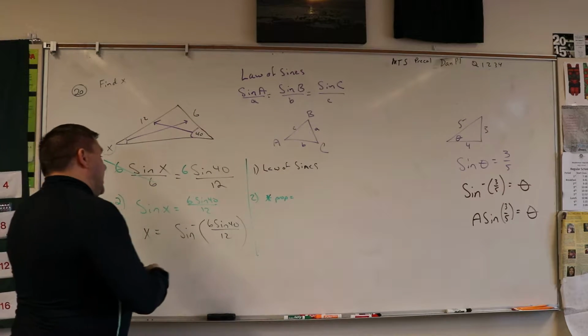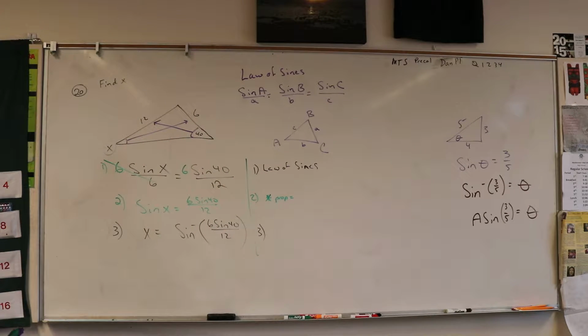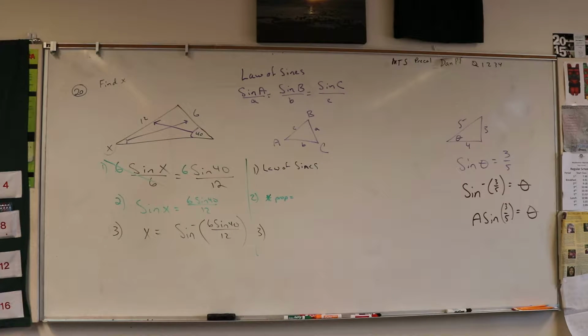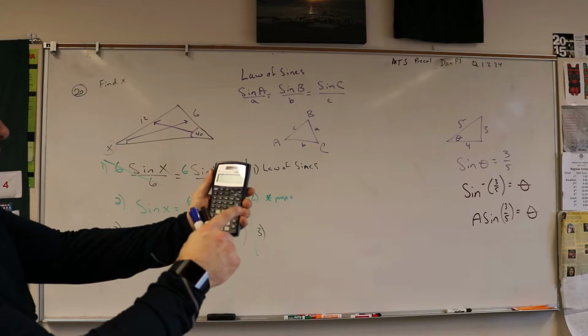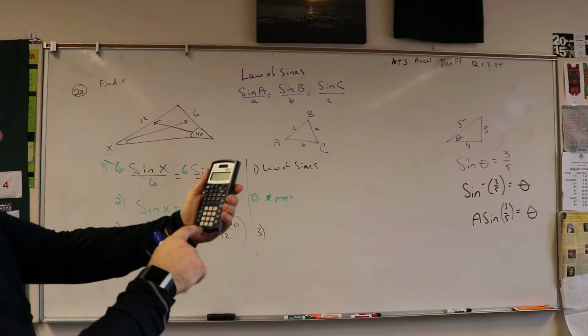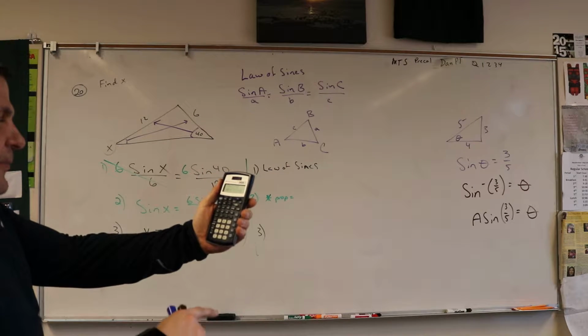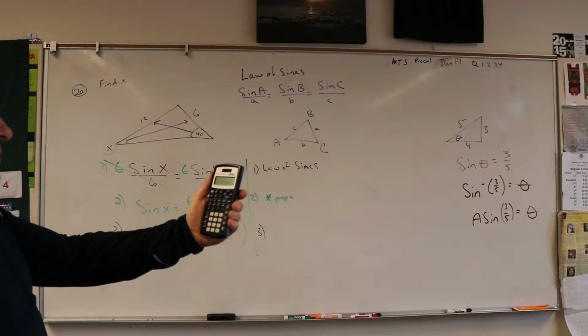Now if we want to plug that in these calculators, we would say 6 times sine of 40 equals, and then divide by 12 and hit equals.